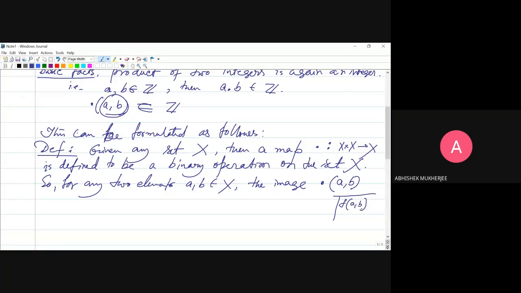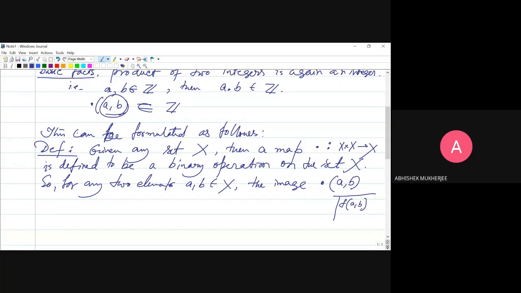If you denote this dot by F, then dot of (a, b) means F of (a, b), the functional value of the ordered pair (a, b).